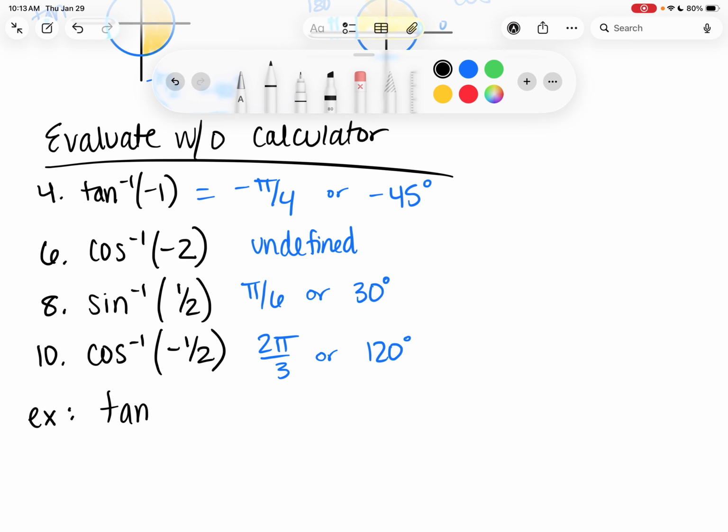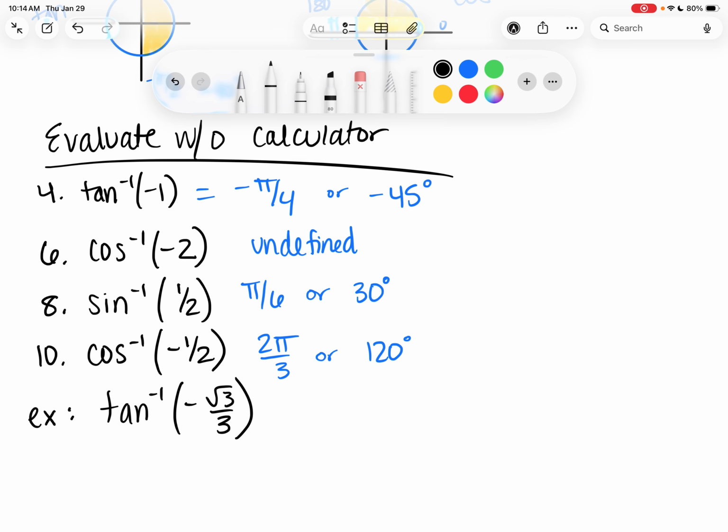Inverse tangent of negative root 3 over 3. So I'm looking for where tangent is negative root 3 over 3. That occurs in quadrant 2 and quadrant 4. But which side do I look at for tangent? The right side. So what is the radian and degree value that gives us minus root 3 over 3?